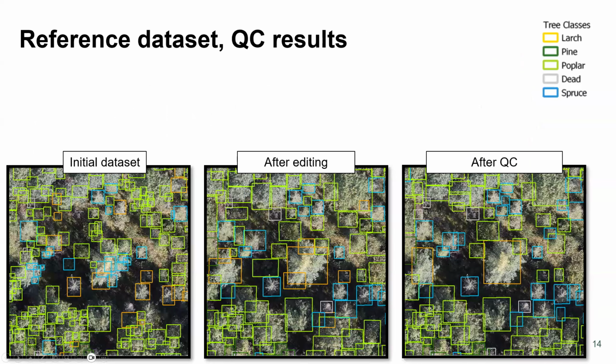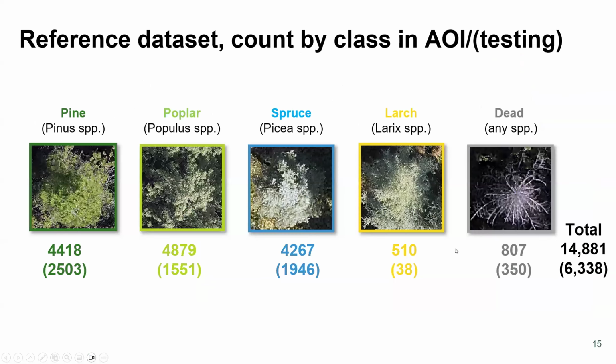So this is an example of how we went from the initial predictions that have been messy, like you can see this big larch, and we go all the way to the QC where you have a high quality reference data set.